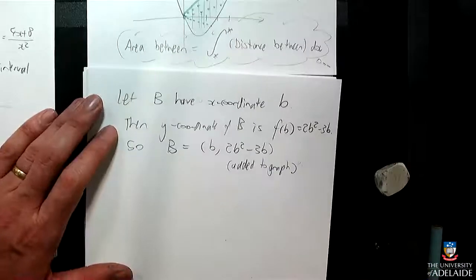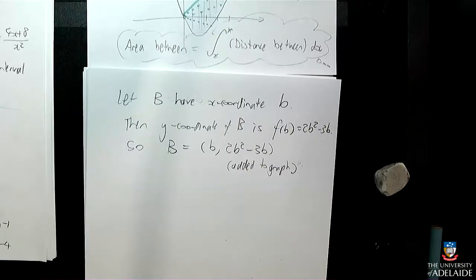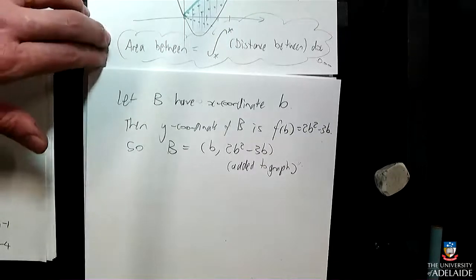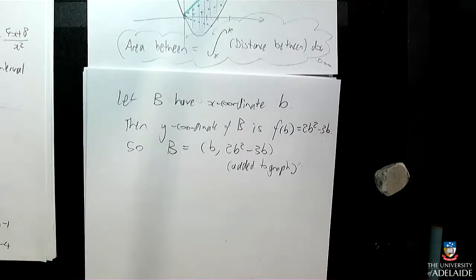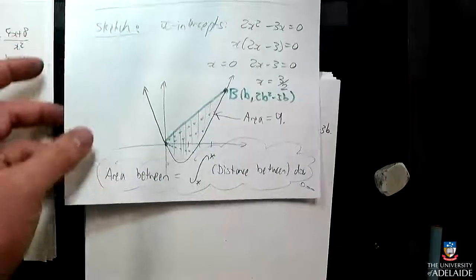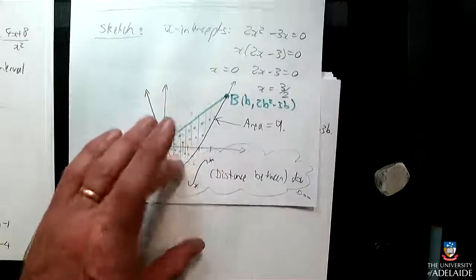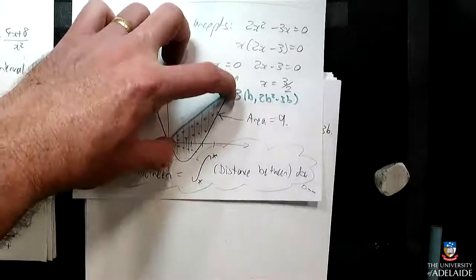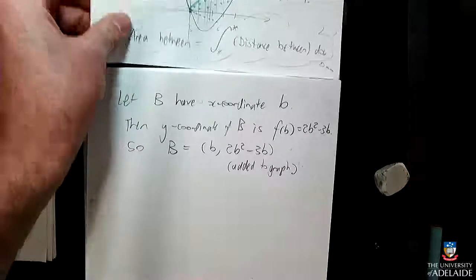Okay. All right. So this part I put in the cloud here is not actually something that I would draw on the page. It's just what I'm thinking. So I need the distance between them, and the distance between them would be the top one minus the bottom one. So I'm going to need a formula for this line here.